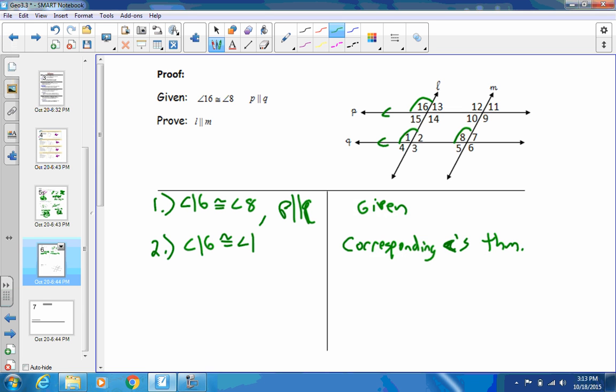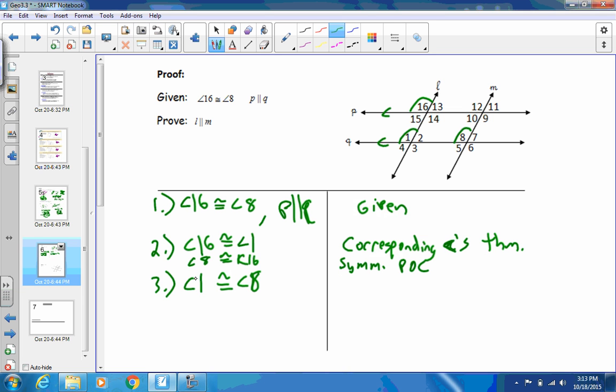And then, well, then we can say that angle 1 is congruent to angle 8. Well, we should really say one step in here that angle 8 is congruent to angle 16. I know we said that angle 16 is congruent to angle 8, but if we truly want to say that, it would be the symmetric property of congruence.